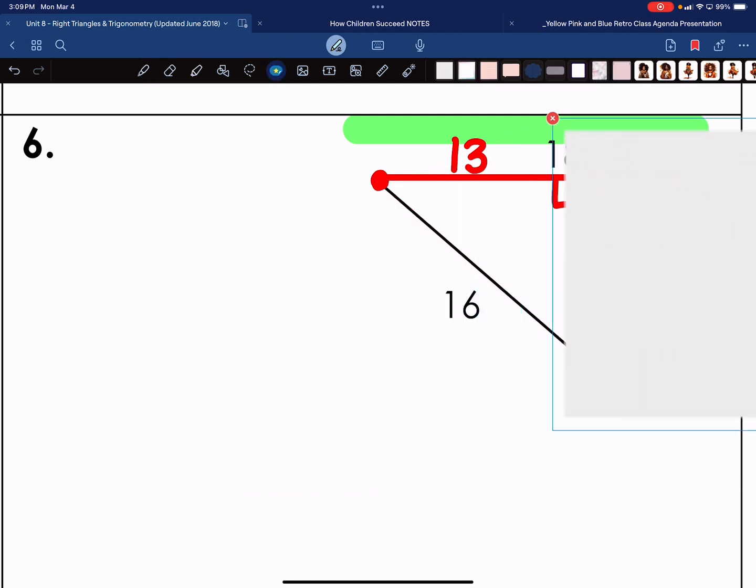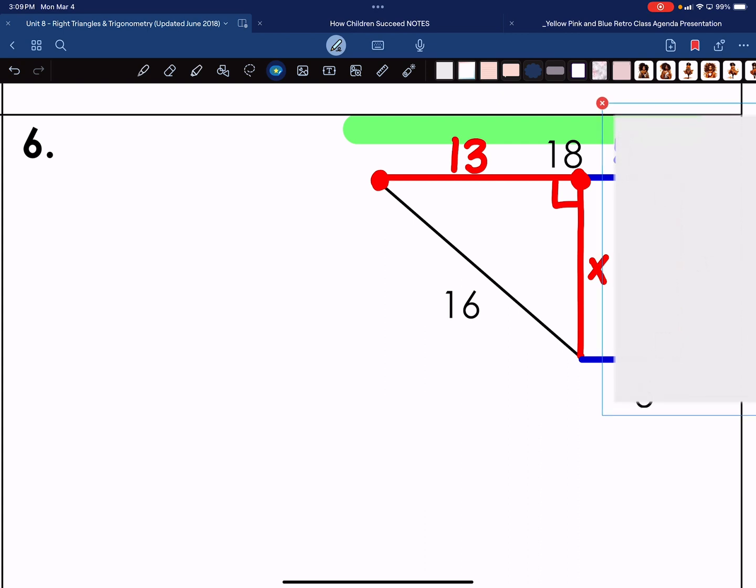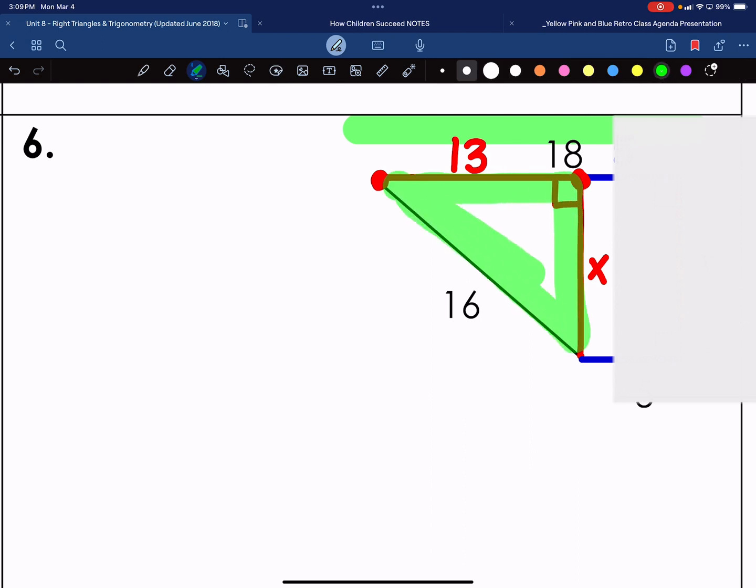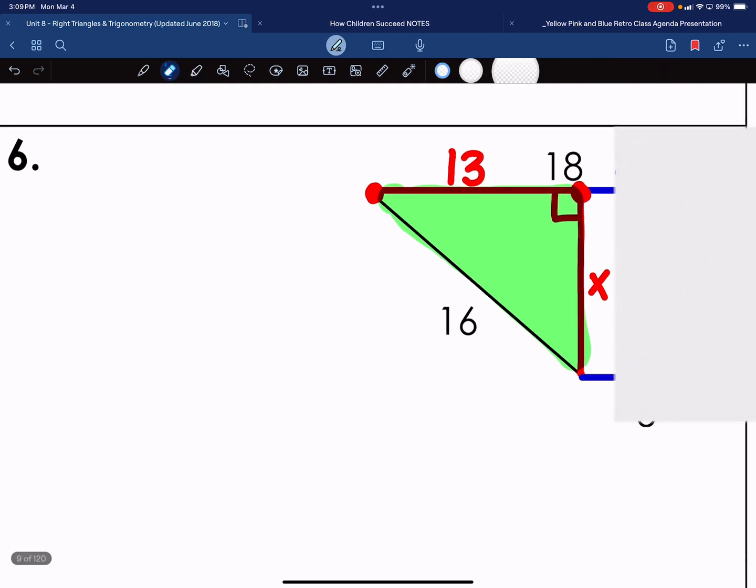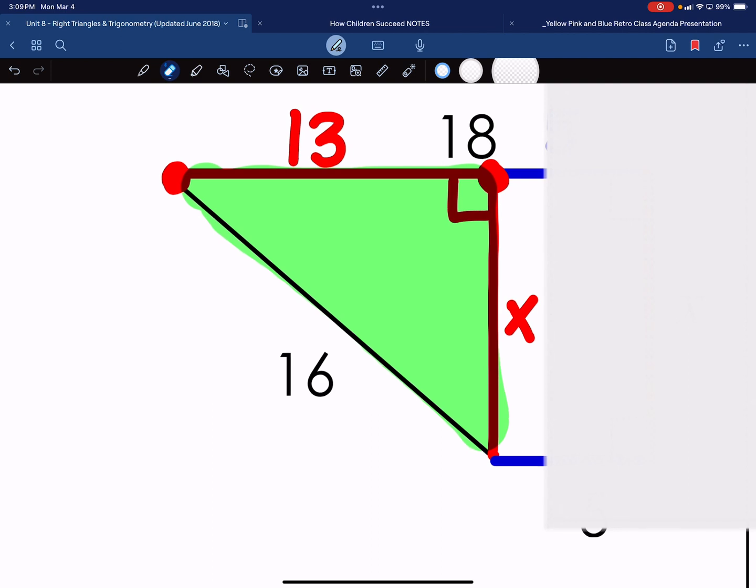I'm going to hide this part of the trapezoid because I really just want to focus on this little triangle. If we have a right triangle, we can use the Pythagorean theorem and figure out what we need. So x is one of the legs, 13 is a leg, and then we have the hypotenuse.